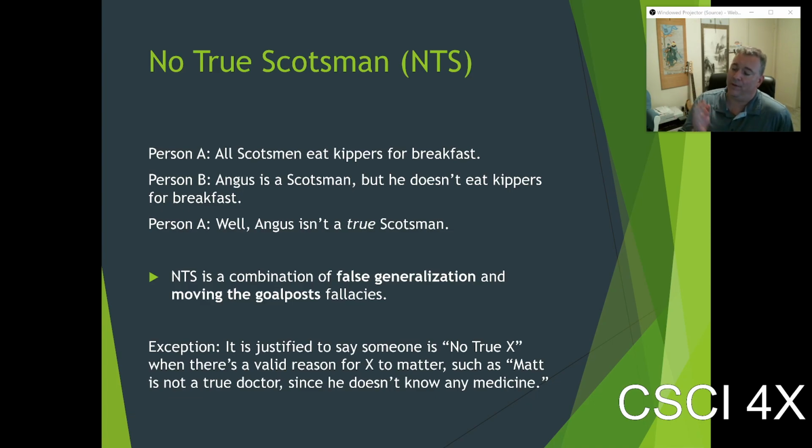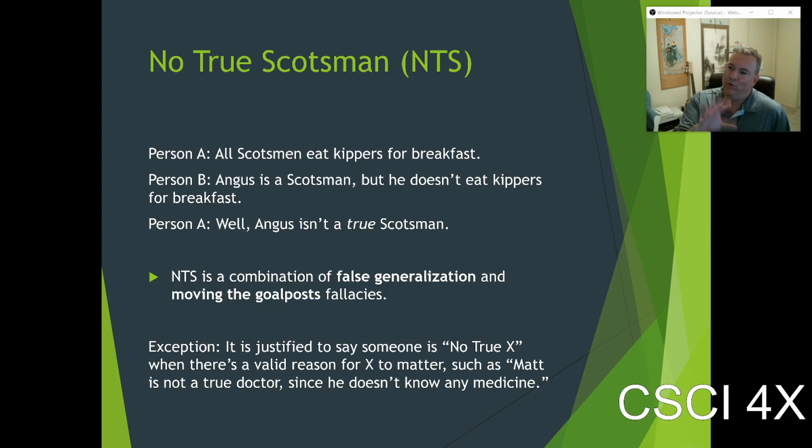That would normally be a defeating counterargument, right? If somebody makes a claim, all X are Y, and you can come up with just one example where that's not true, you've defeated the argument. It's a classic counterexample. What's happening here is they're not doing exactly a moving goalpost, like changing it to everybody but Angus.